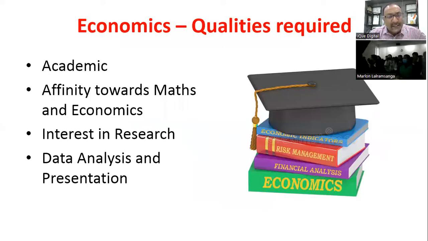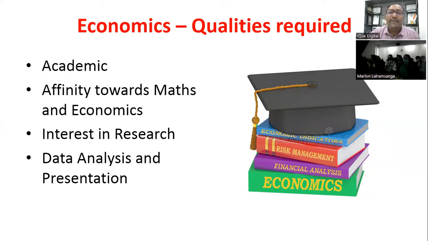Next is economics. If somebody is very strongly academic oriented, has affinity towards mathematics and economics, and has interest in research, data analysis and presentation. Just to tell you, some of the world's highest paid jobs are in the domain of data analytics, data statistics, big data, data mining, and two kinds of people are the right people to get into these areas.